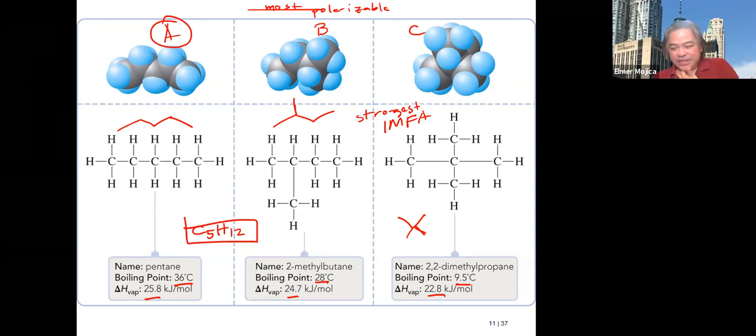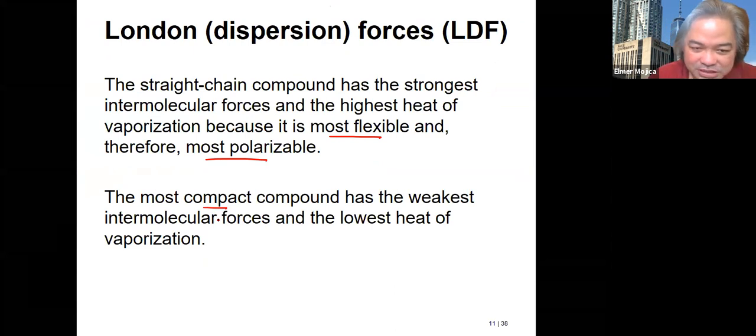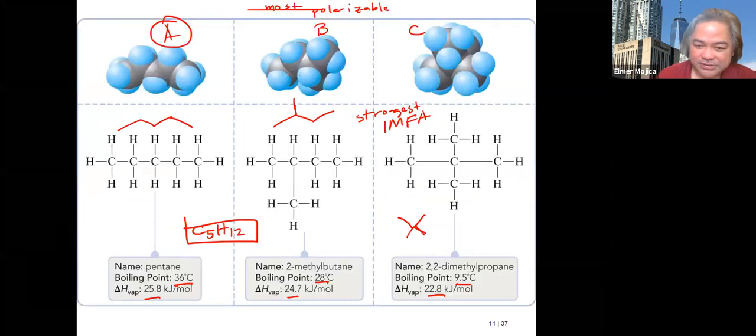So the most polarizable one is the one that has the strongest IMFA. The straight chain compound, which is this one, has the strongest IMFA and the highest heat of vaporization, because it's the most flexible and therefore the most polarizable. The most compact compound has the weakest IMFA and the lowest heat of vaporization. Which is the most compact here? This one.